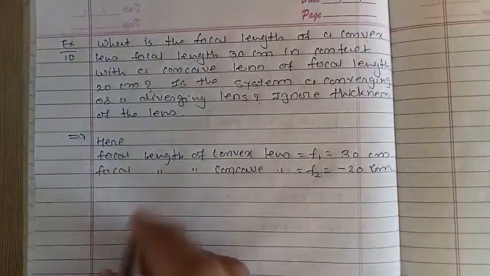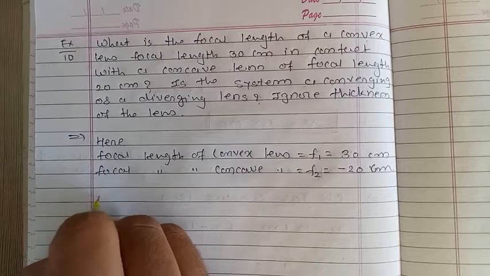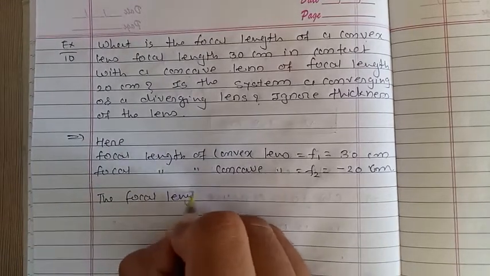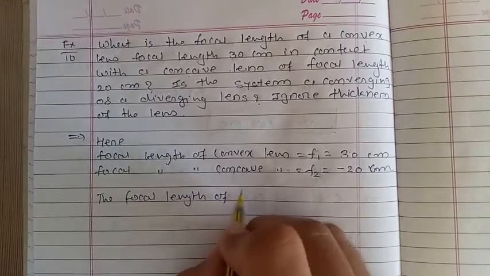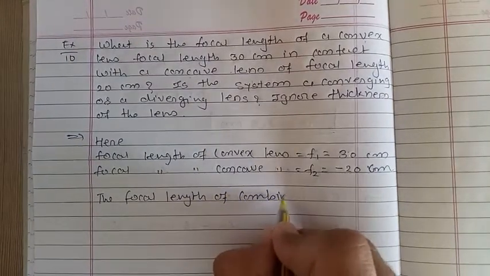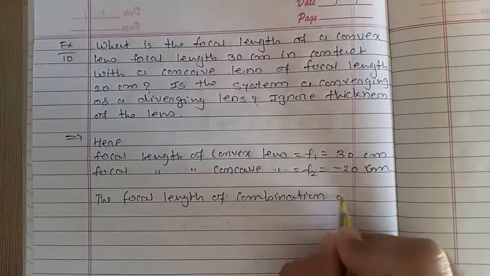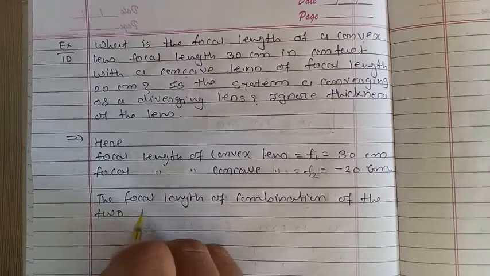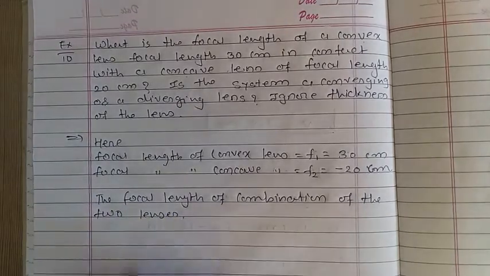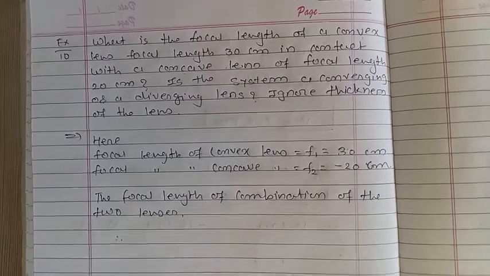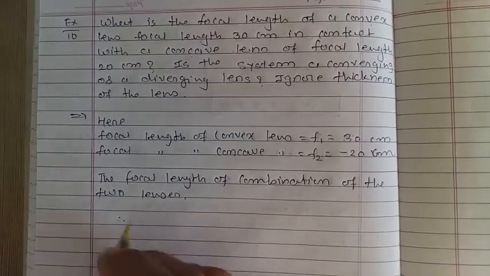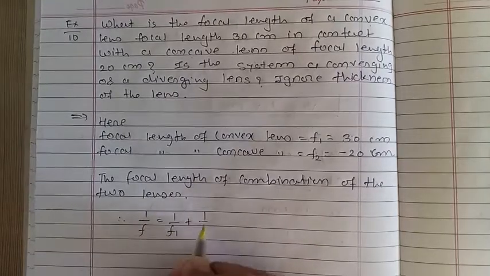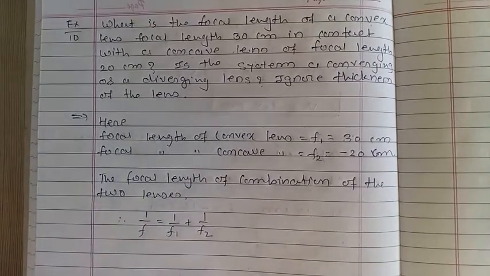Now we can say that the focal length of combination of the two lenses, we know the effective focal length formula, 1 by f is equal to 1 by f1 plus 1 by f2, right?